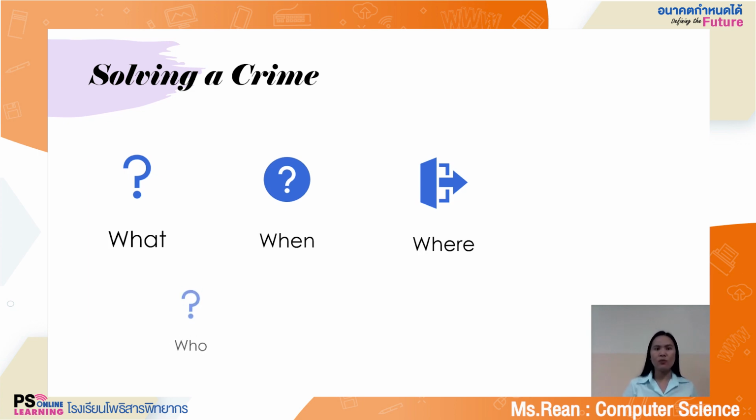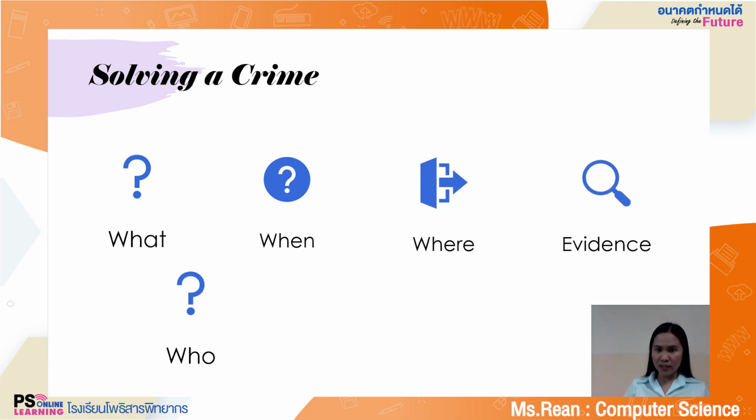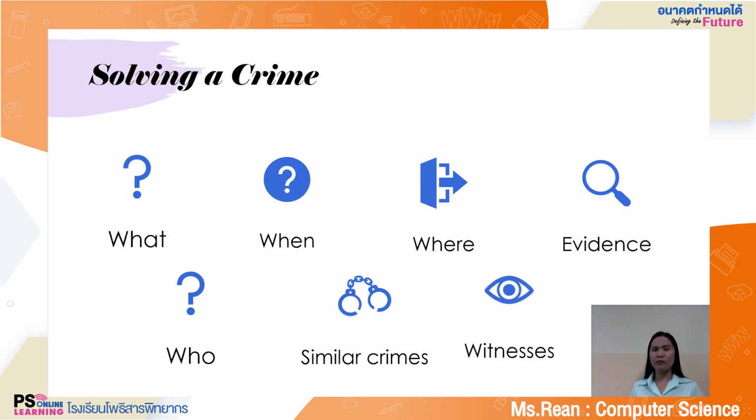What else? We also need to consider who is the victim and who are the people involved in the crime. What else? We have to consider if there are any evidence in the crime. Have there been any similar crimes and who are the witnesses? So that's how to decompose a task. That is decomposition.